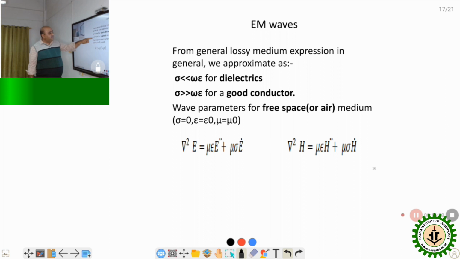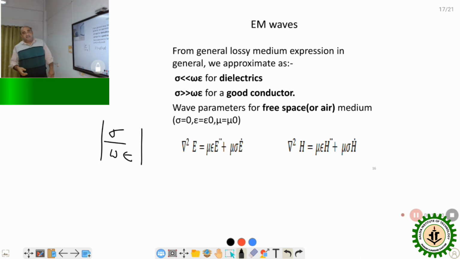And if simply sigma equals 0, it becomes a free space medium. So this has a very important role in classifying a medium. This term, the ratio sigma by omega epsilon, is known as the loss tangent or the dissipation factor.